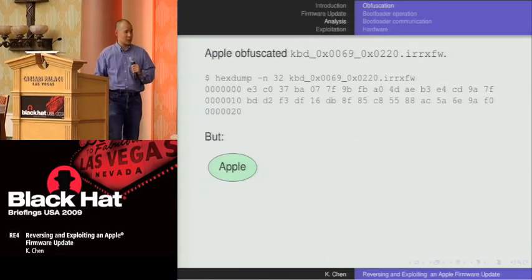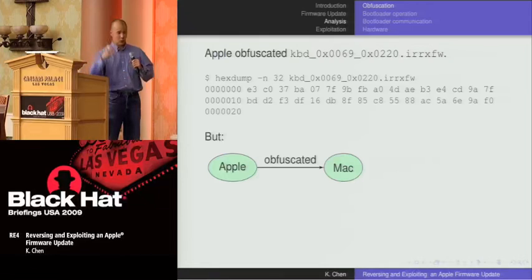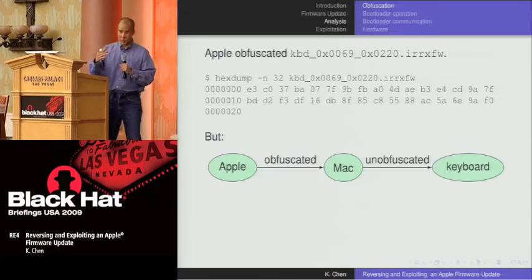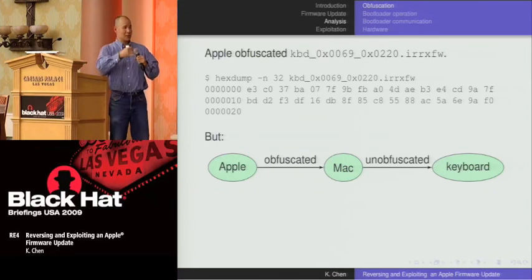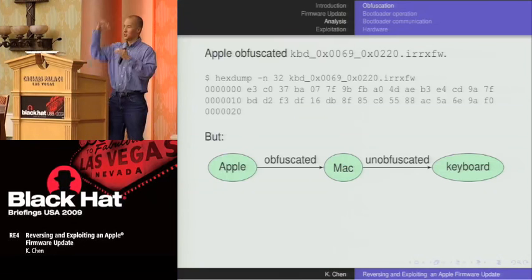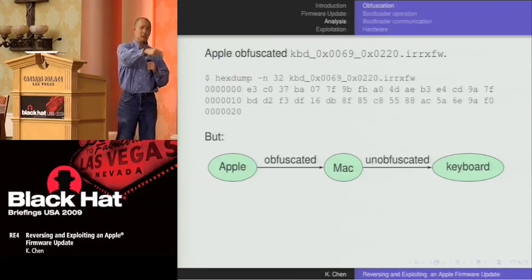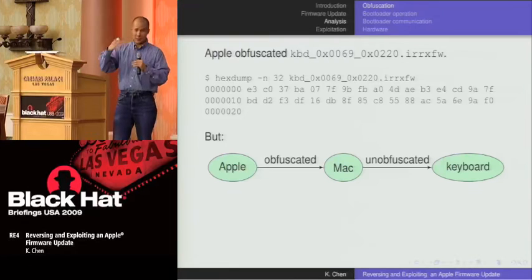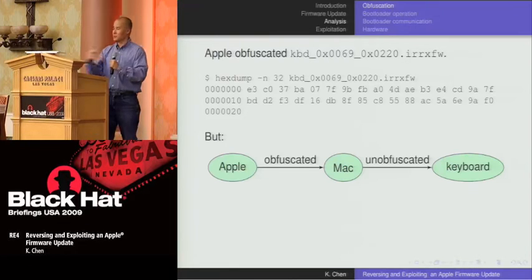If you follow how this whole process works, Apple sends this obfuscated firmware to your Mac, and then the updater unobfuscates the firmware image on your machine, and then it pushes the unobfuscated firmware to the keyboard. The keyboard itself does not do deobfuscation.